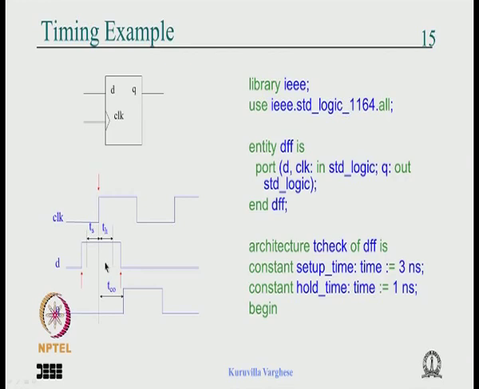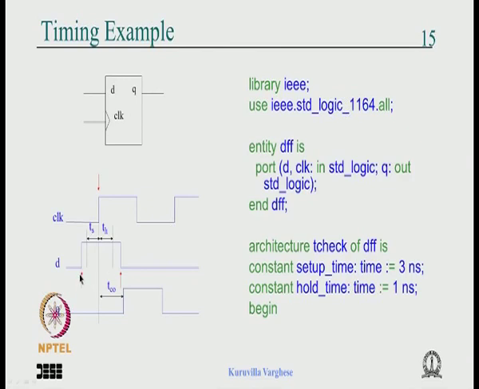If it is violated, we print a message saying that it is violated, and we also update this time. Because whenever there is an event on the clock we have to make sure that the difference between that and the last event on the data is greater than setup time.